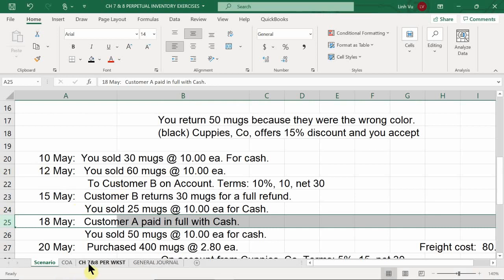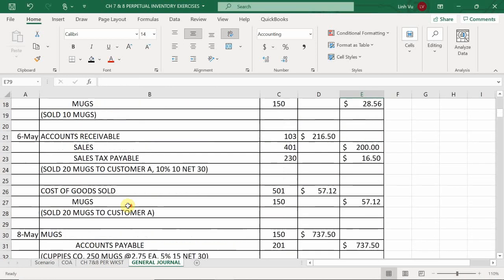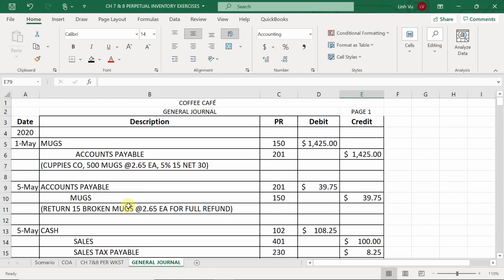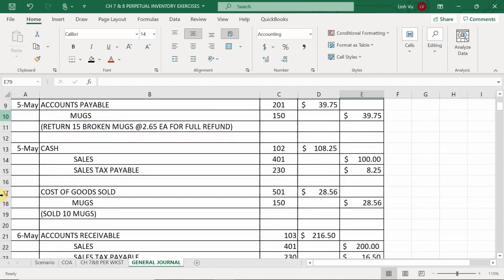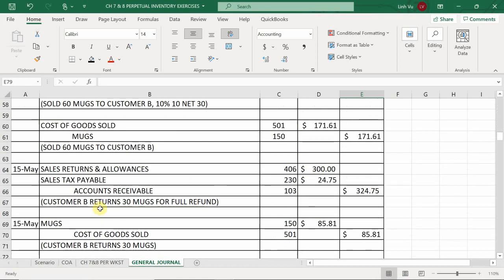So let's go ahead and look at our journal to see how much customer A actually owes me, okay? So here, accounts receivable, May 6th, right, sold to customer A. They owe me a grand total of $216.50. So therefore, they're going to pay me $216.50 in cash.